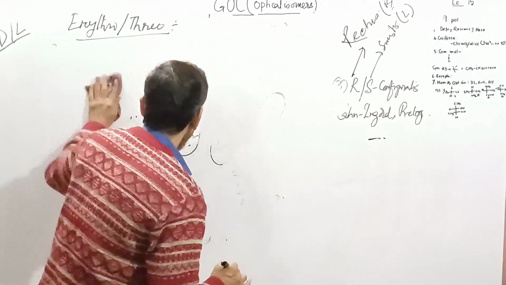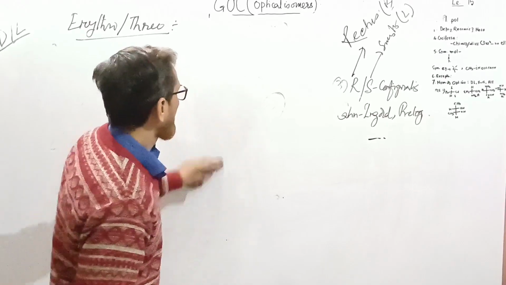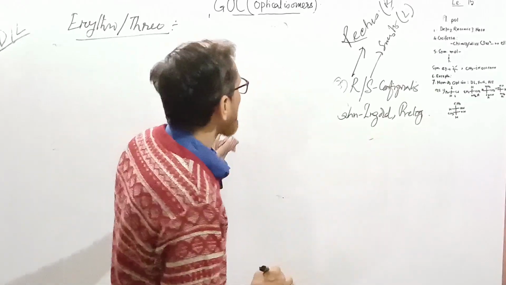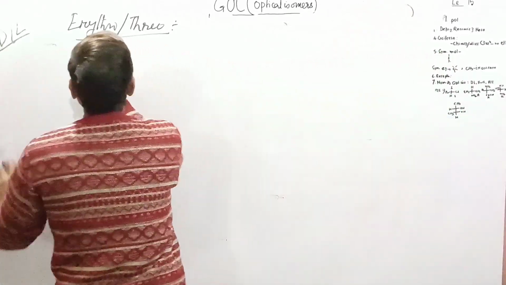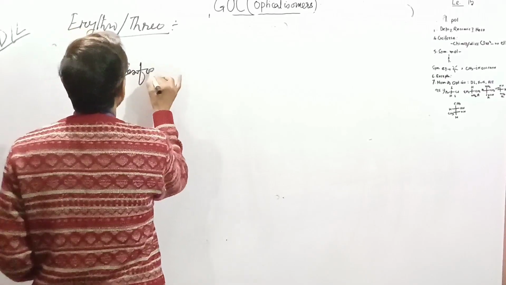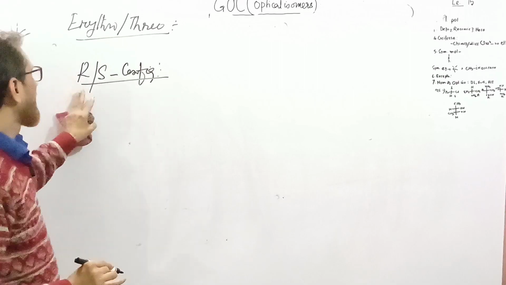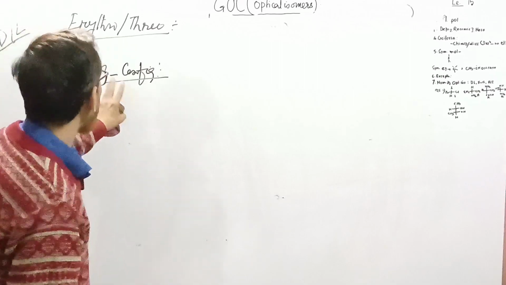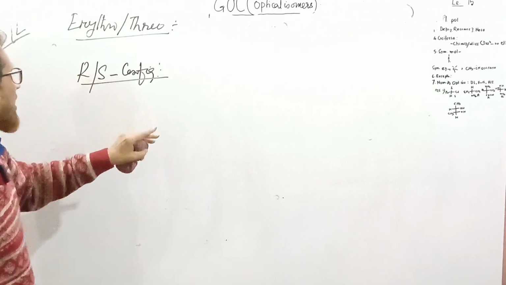Now the last part of today's lecture is again very important, which is the RS configuration. R means rectus, S means sinister. Cahn, Prelog and Ingold gave this notation, and this RS configuration is absolute.